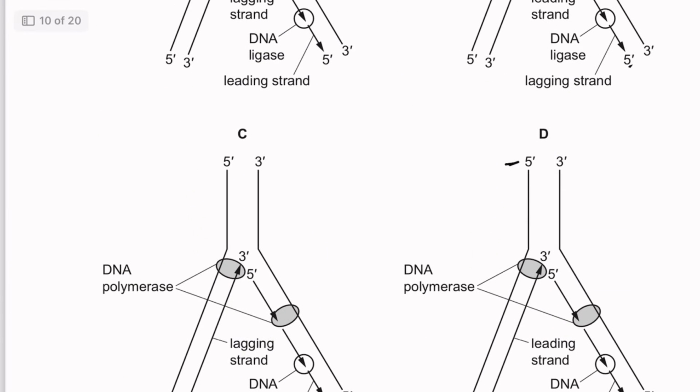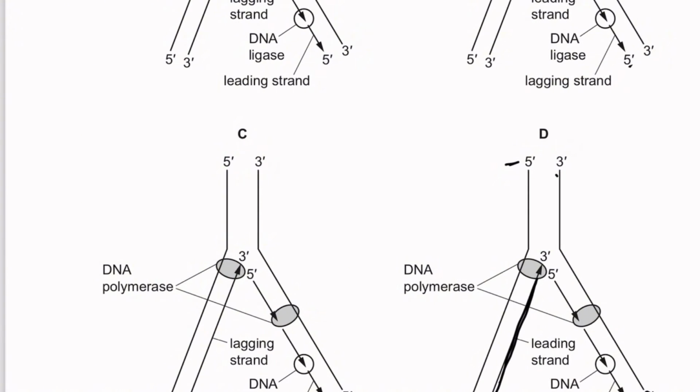So we need the 5' to 3' strand to be our leading strand, and you can see this is straight and there are no gaps. Meanwhile, the 3' to 5' strand is going to be the lagging strand, where DNA polymerase is going to go in the opposite direction, and it's going to end up forming these fragments, these Okazaki fragments.